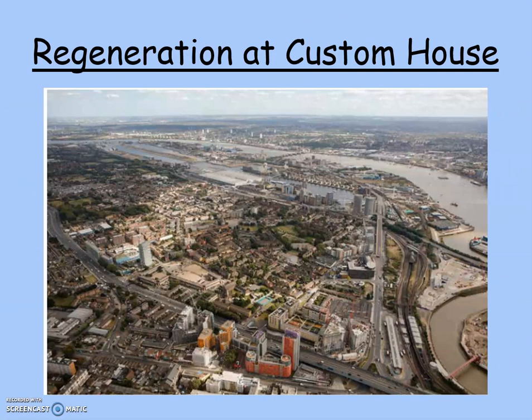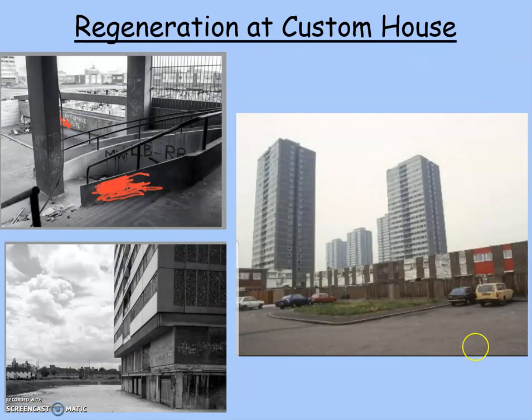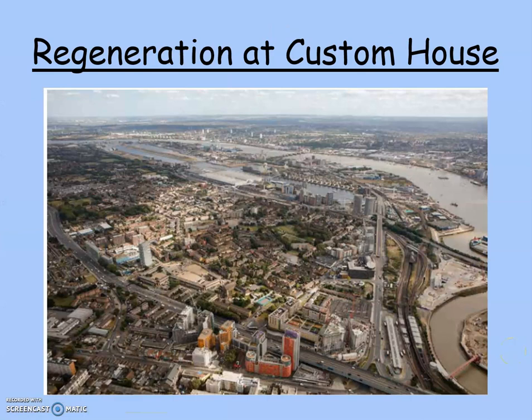At this stage, I want to focus on a particular area in London to look into this in a little bit more detail. And the area we're looking at is Custom House. Now, I'm going to show you a map in a minute of where it is, but it's quite a nice picture actually, this one.